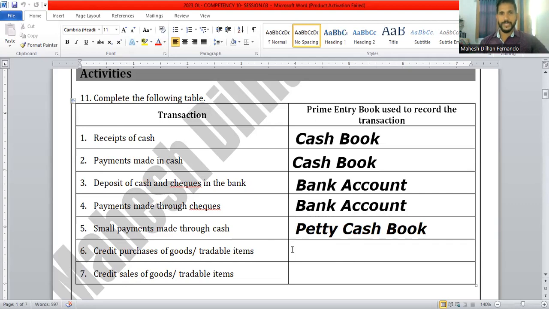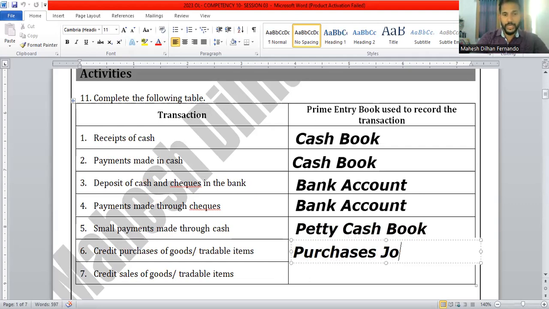Now this is a summary of the prime entry books that we have studied. Credit purchase of goods or tradable items, I think I introduced this word, that is purchases journal.